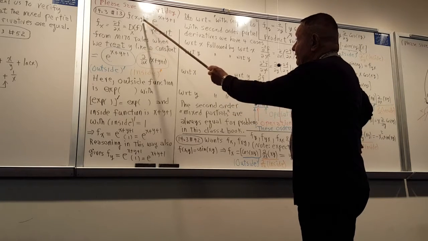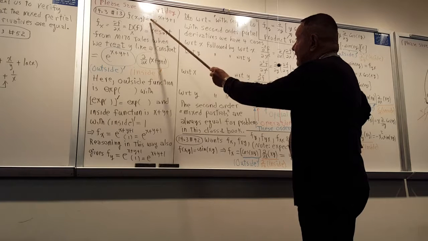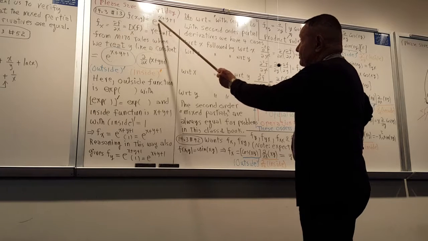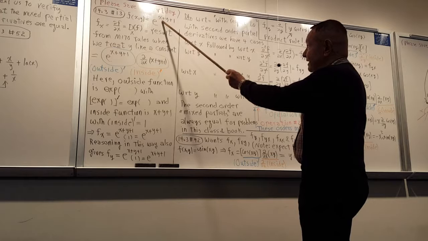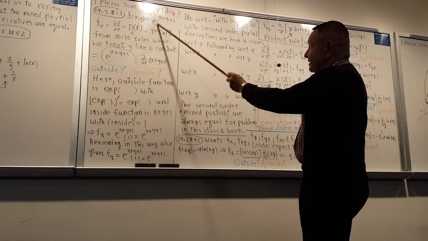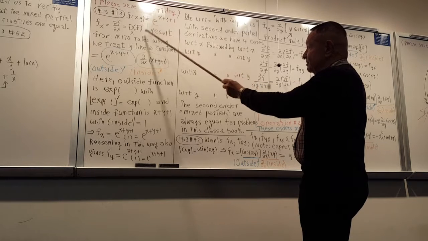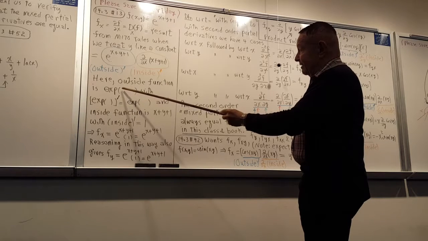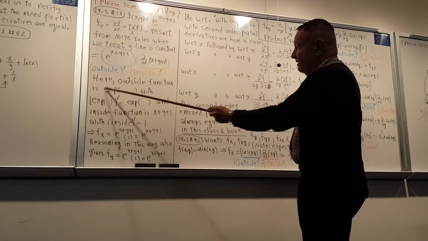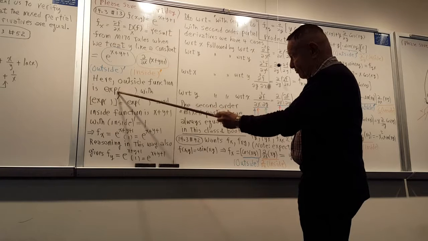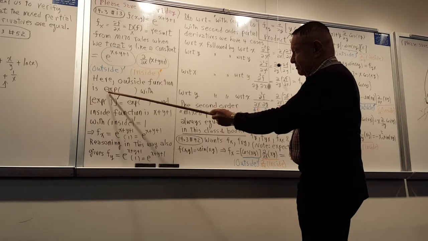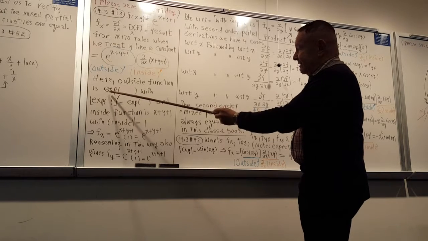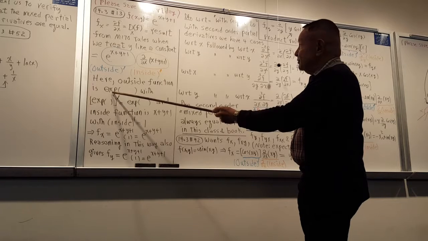If you're looking at this one and you want the partial derivative with respect to x, you see there's an outside function, which is the exponential function. If you wrote it like in Maple, exp with parentheses, it's clearer that that's an outside function.